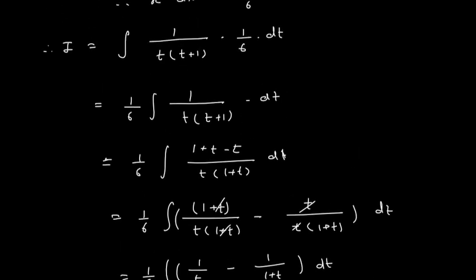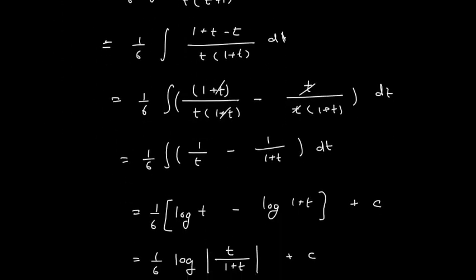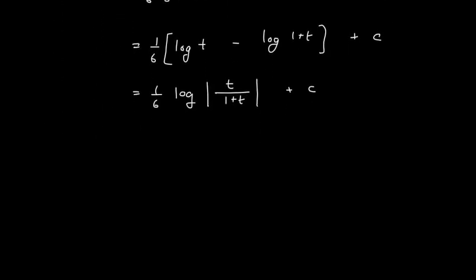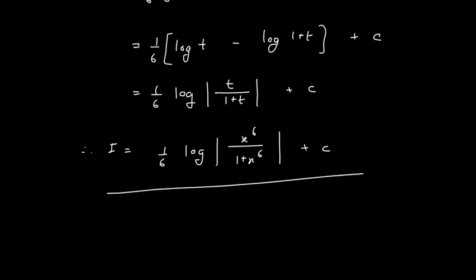Now I will replace this t with x power 6, the original function. So therefore your integration I will become 1 divided by 6 log of x power 6 divided by 1 plus x power 6 plus c. So this is your I.